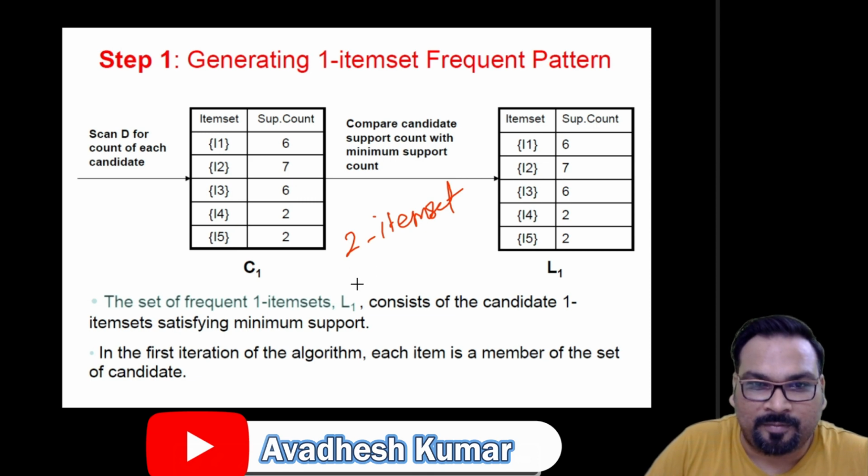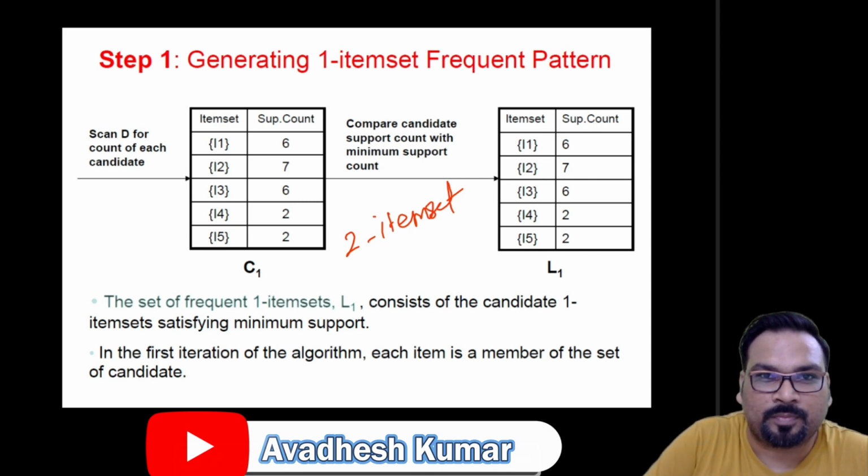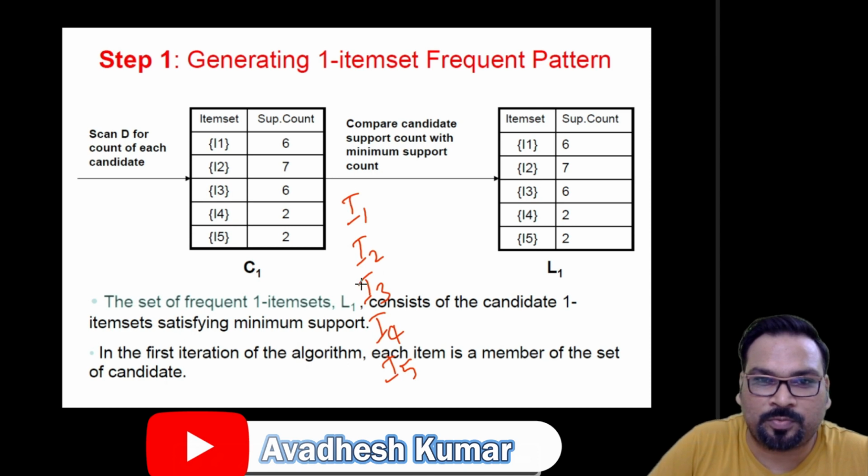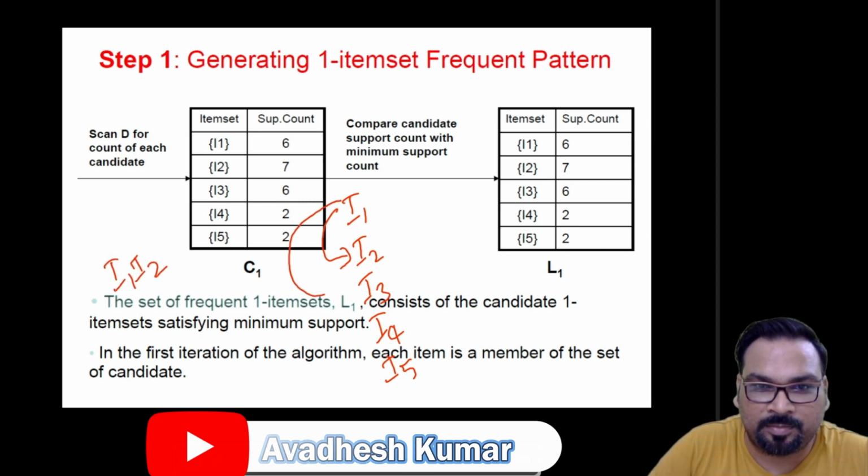Like if there are 5 items I1, I2, I3, I4, I5, I am going to formulate them. If I club I1 with I2, it becomes I1, I2. If I club I1 with I3, it becomes I1, I3. Similarly I1, I4, and I1, I5.